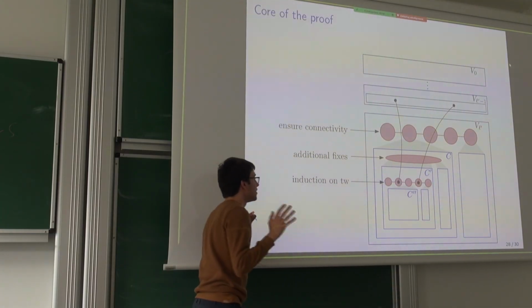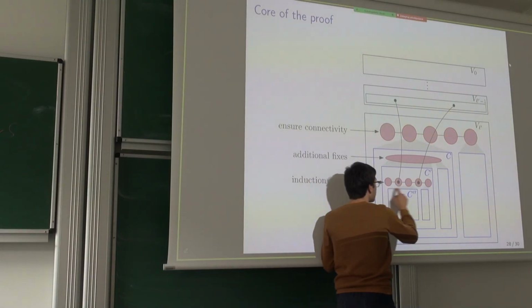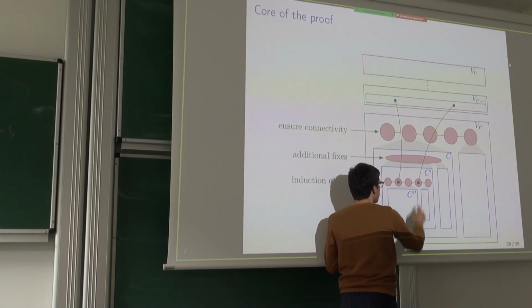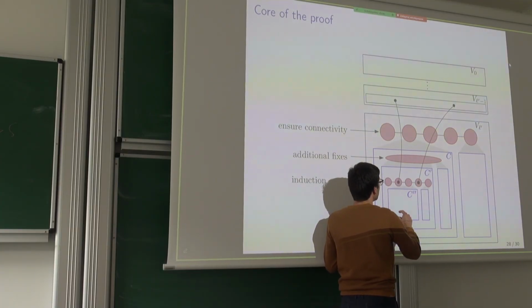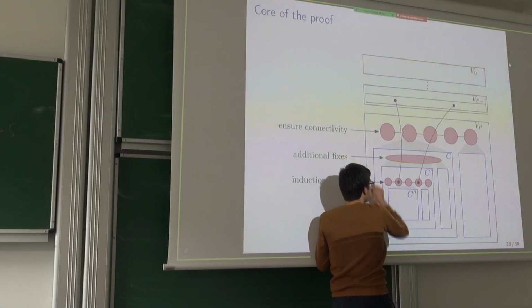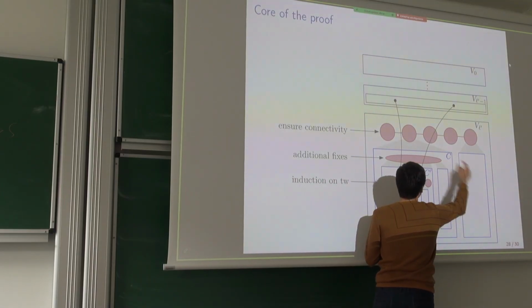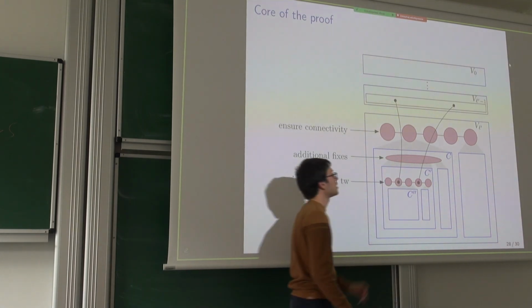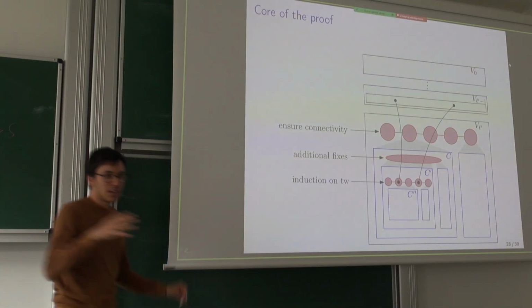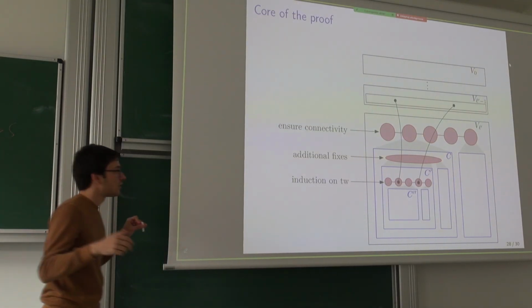And once I did this, I can decompose all the components of what remains, because now this component will be my last layer. The new VL prime will be everything with VL prime minus the component I want to process, and then the previous layers don't change. And so I increase by 1 the length of my layering, and so I can call induction.